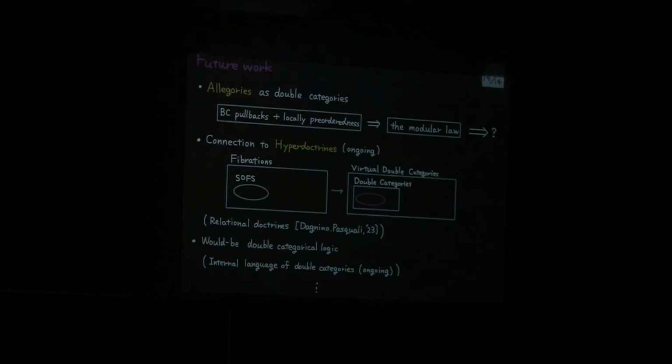And these two future directions are based on my belief that there is something like double categorical logic. And for that purpose, first I want to create something like an internal language of double categories. So that's my future direction.